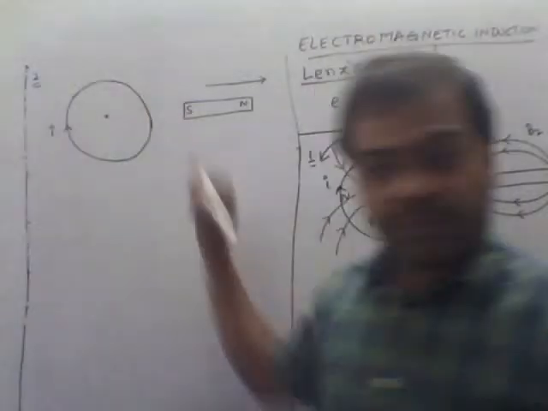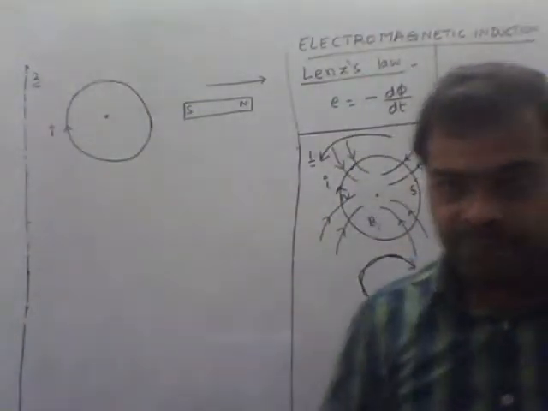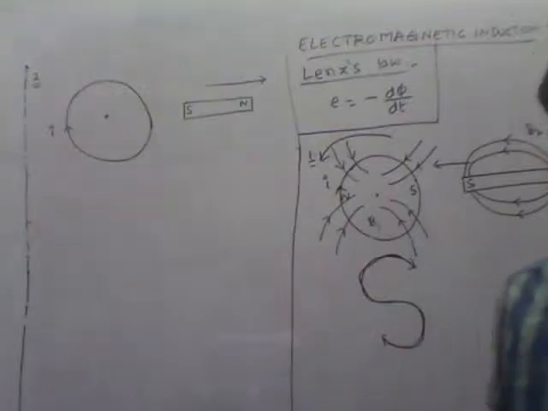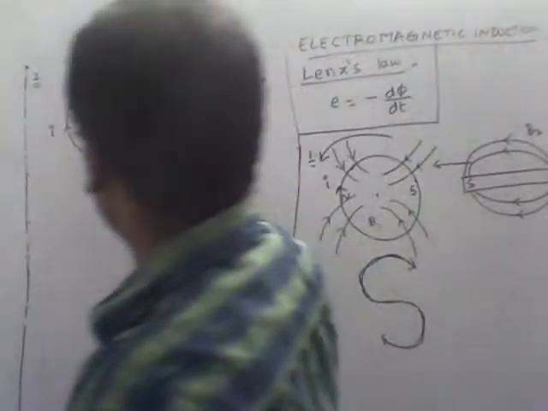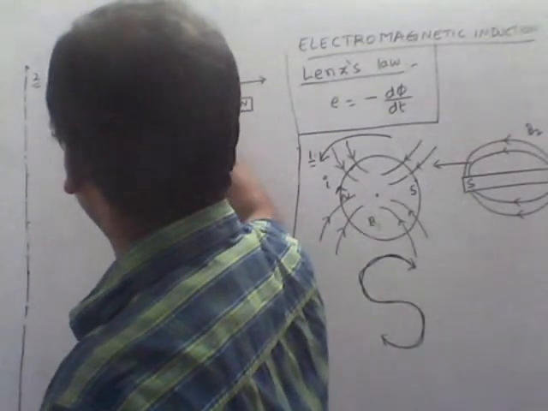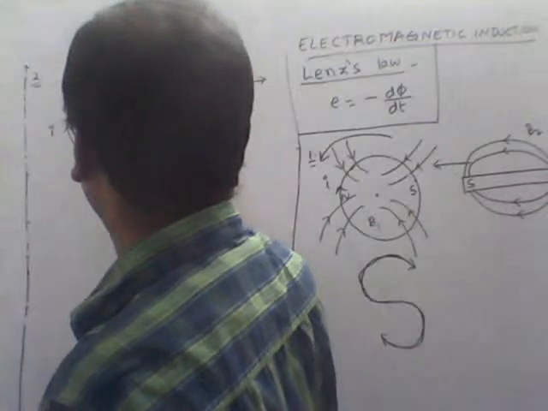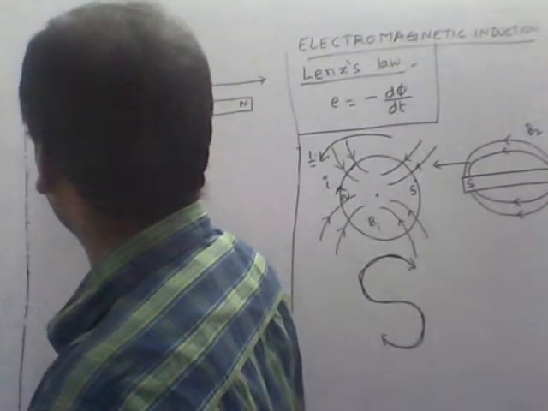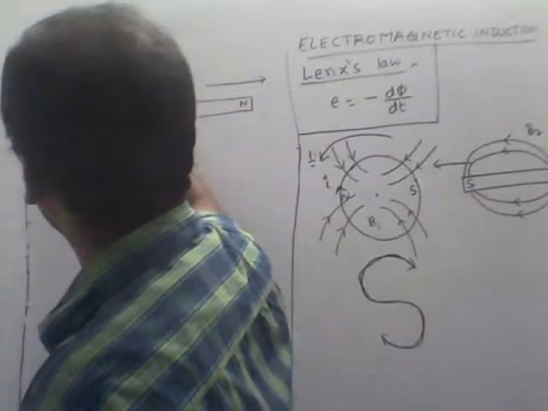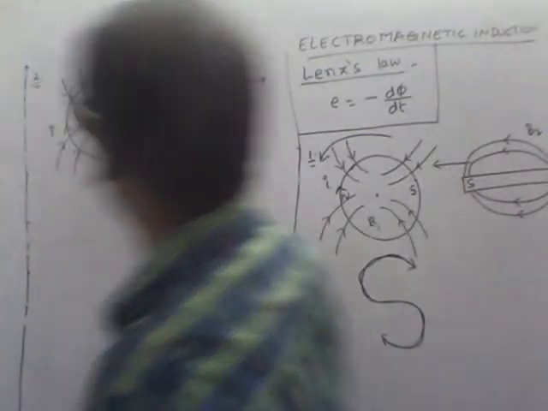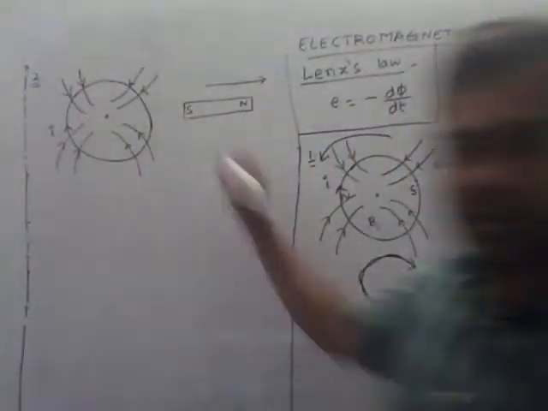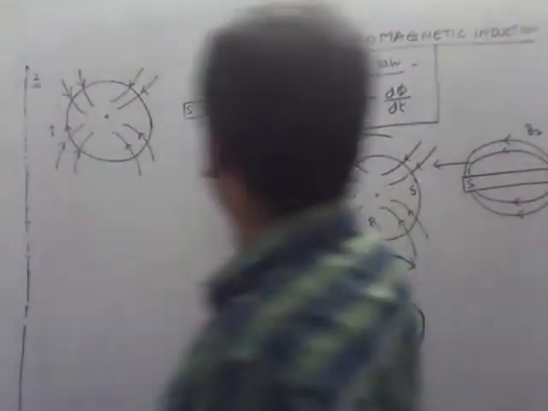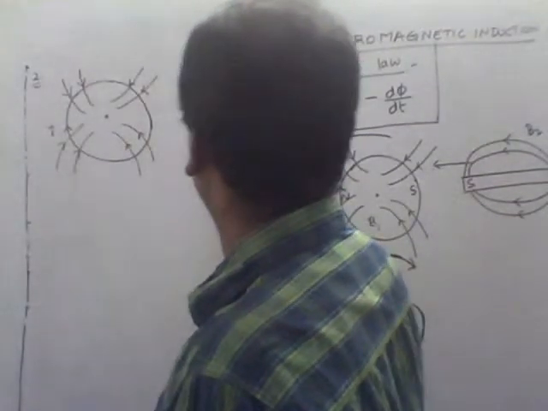Inside the coil and the magnet we have magnetic field lines. In the coil the field lines will be inverse, and inside the magnet the magnetic field lines will flow from the north pole to the south pole.